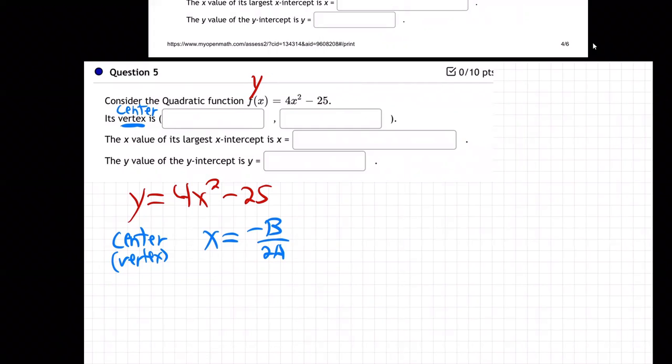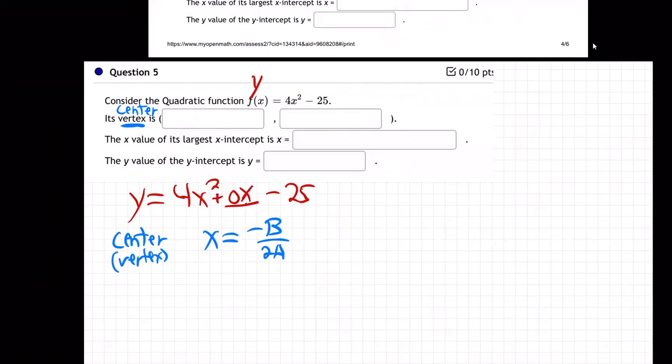Now, what are a and b and c? Well, there's really nothing in the middle. And then there's the minus 25. You see how it's like having 0x in the middle. You don't have to write 0x.